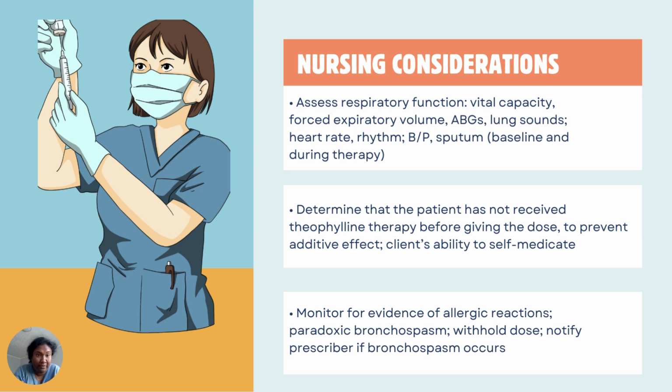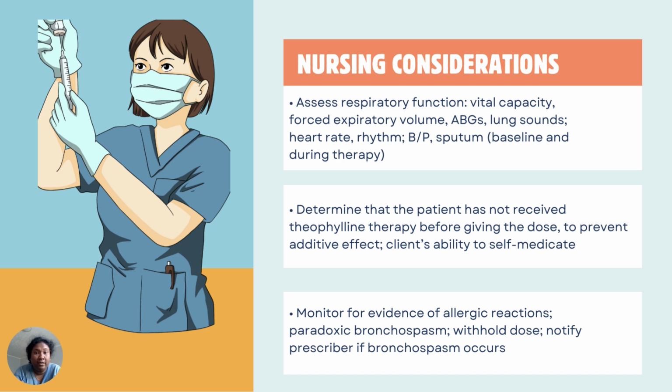And if you combine it with albuterol, it could worsen the situation. So it's important that you rule that out. And also, consider the client's ability to self-medicate, especially with elderly people. Make sure that they have the capacity or have family with them, and also in other vulnerable groups that include children. All right, so these are some of the important points.